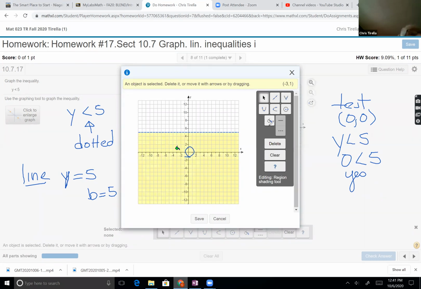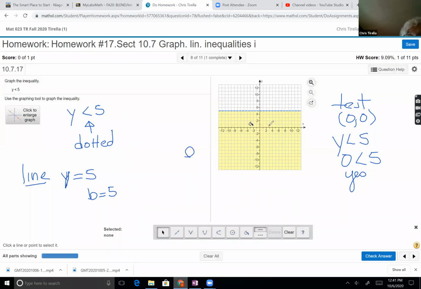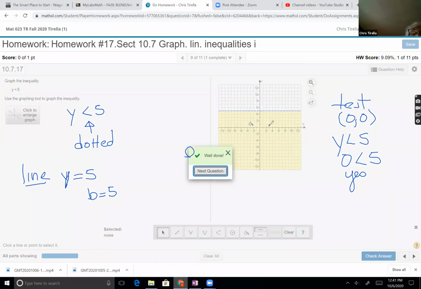And so I shade there. I dump my paint there. Is that one all right? Let's save it and let's check. Yes, we did it.